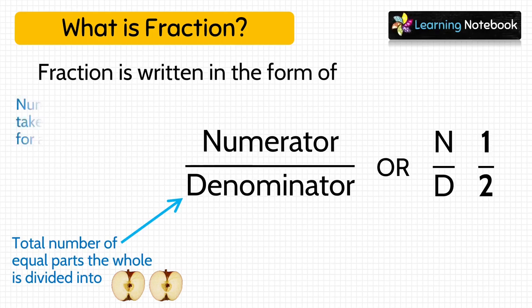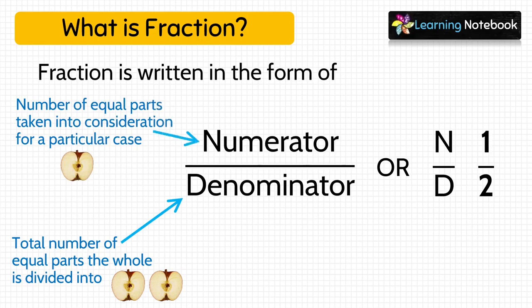Now, what is numerator? The number of equal parts taken into consideration for a particular case is called the numerator. In the same example, the numerator would be 1. So, our fraction would be 1 by 2.